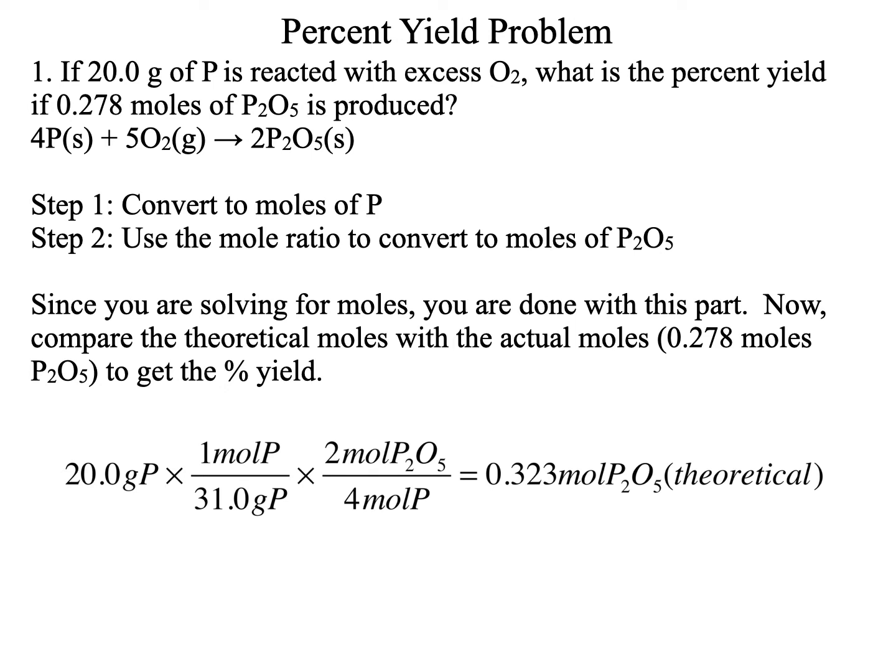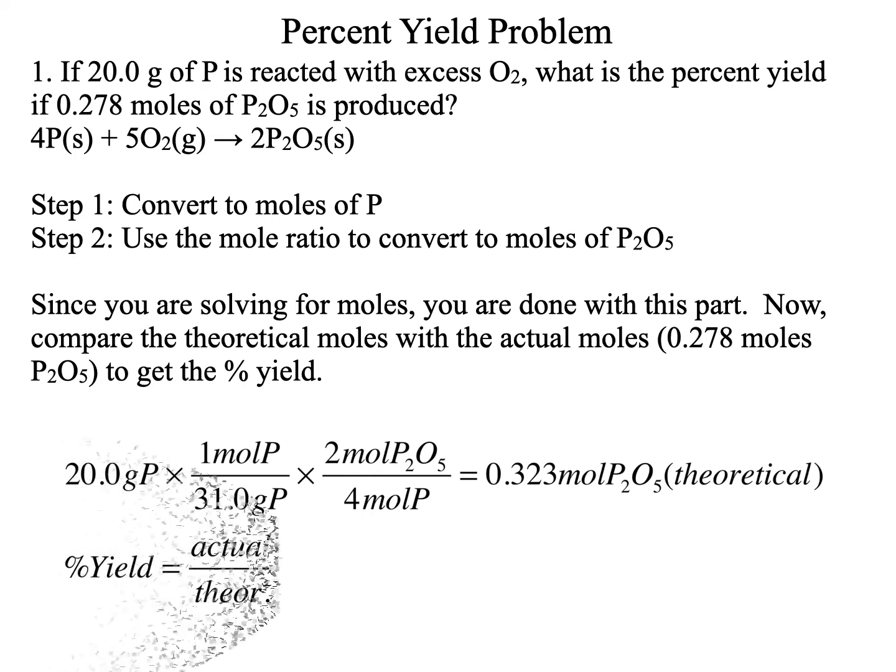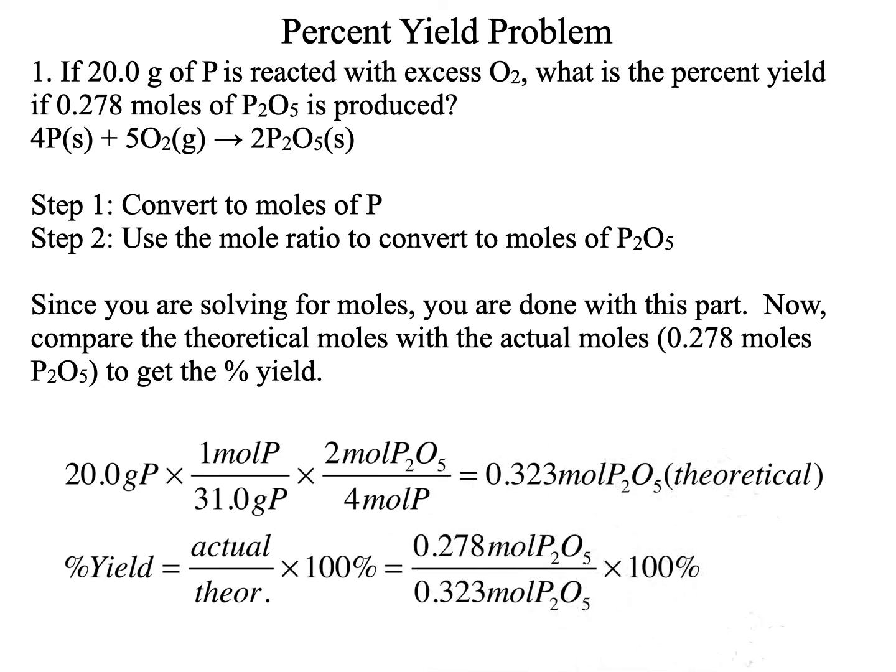So now what we're going to do, the actual moles is 0.278. So to do our percent yield, we're going to take our actual divided by our theoretical times 100. So we're going to put the 0.278 moles, which was in the problem, divided by our 0.323 moles, which is the theoretical using stoichiometry.